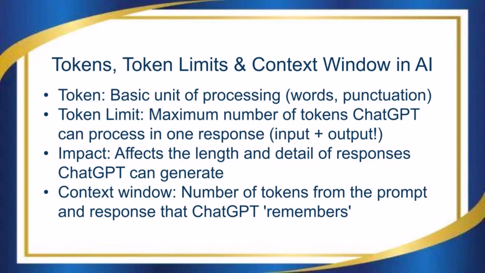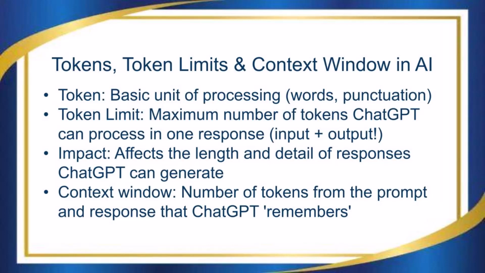And what is also important is that the token limit kind of consists of input and output, right? Because if you give ChatGPT an input, you want an output. And if your input is very long, then your output may be very short, because then you already run into the token limit.